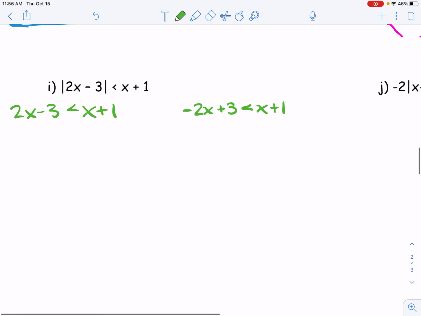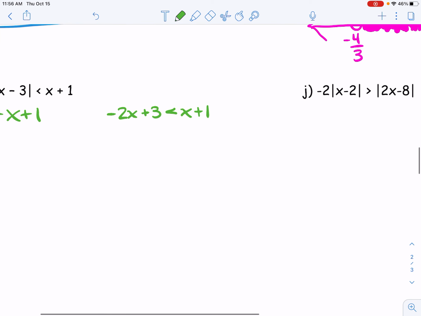So solving, I would maybe subtract my x, add my 3, so that would give me x less than 4. And then over here, I would add my 2x and subtract my 1. So that's going to give me 2 is less than 3x. And so then that means x is greater than 2 thirds.